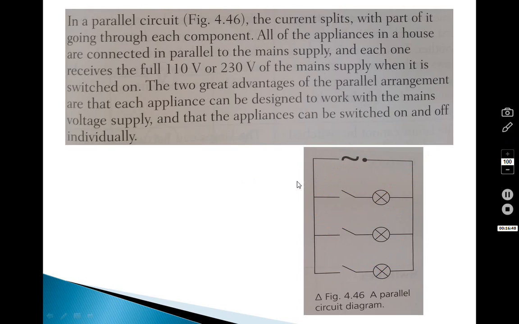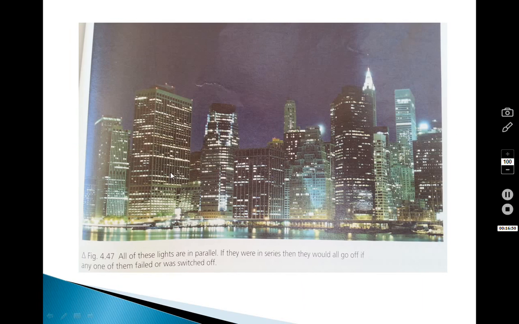We can see one example here. Say this is a big city. All of these lights in those buildings are connected in what? In parallel. It's possible to connect them in series. If you connect them in series, for example if the current comes from this side, and something goes wrong here, the light will be destroyed or disconnected in all those buildings.